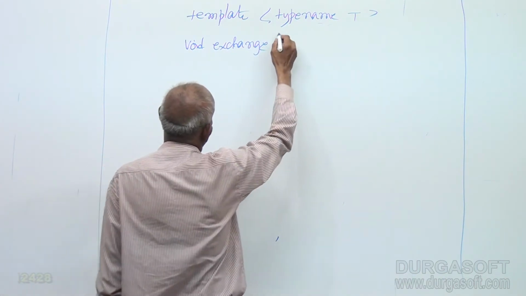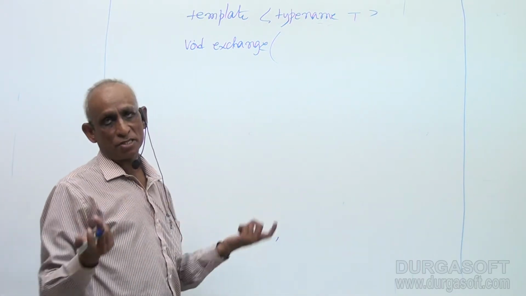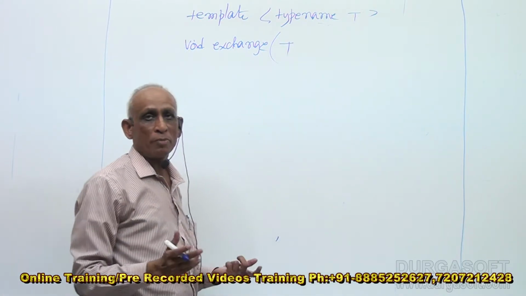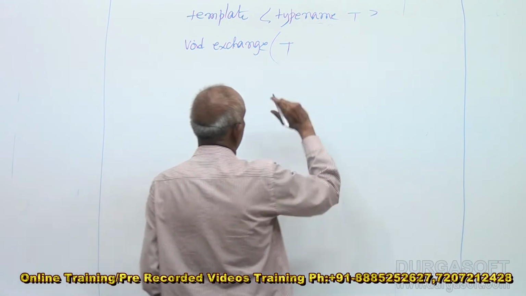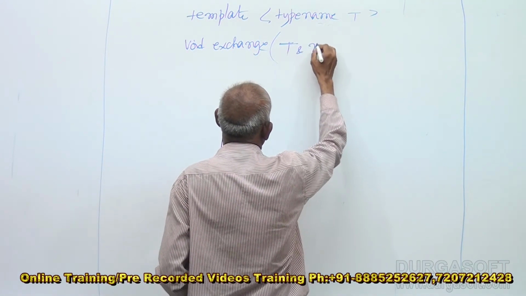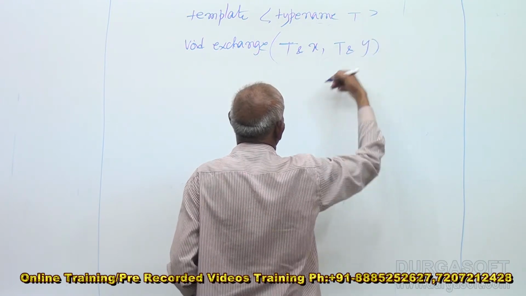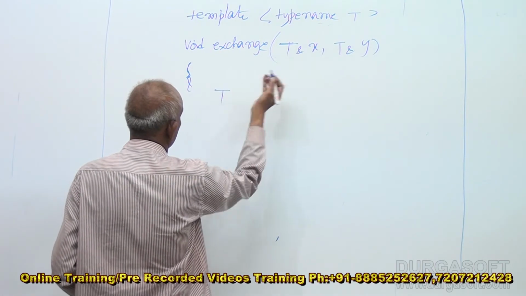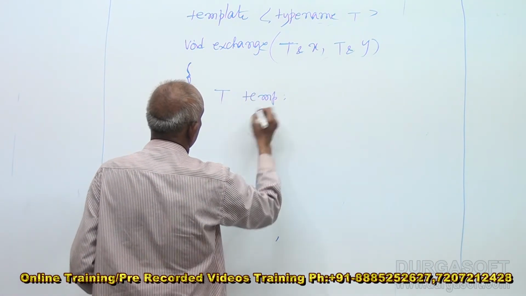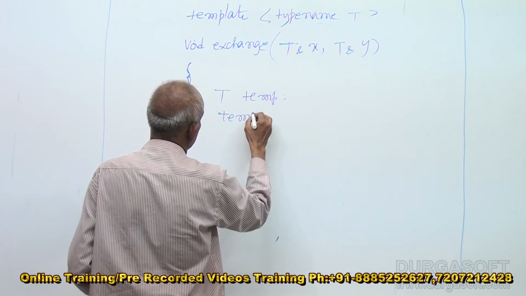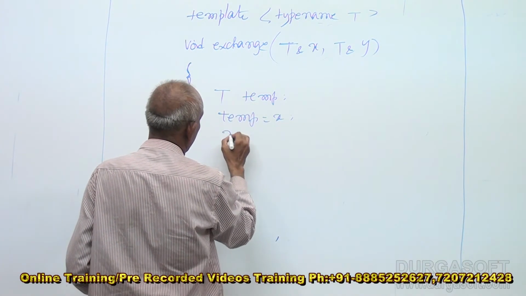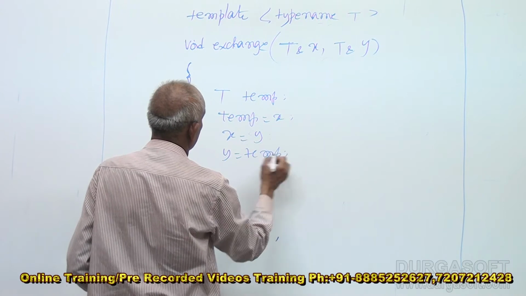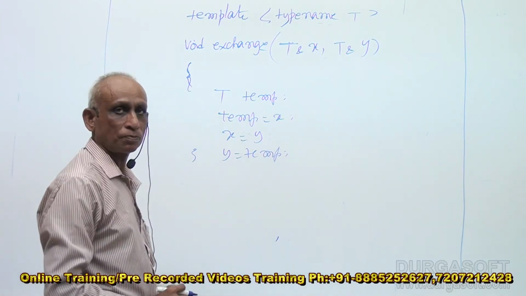It takes two values and swaps their values. For swapping we need references, not copies. So T& x, T& y. We declare a temporary variable of the same type, put x value in this, put y value in x and put temp in y. This is the swap function.